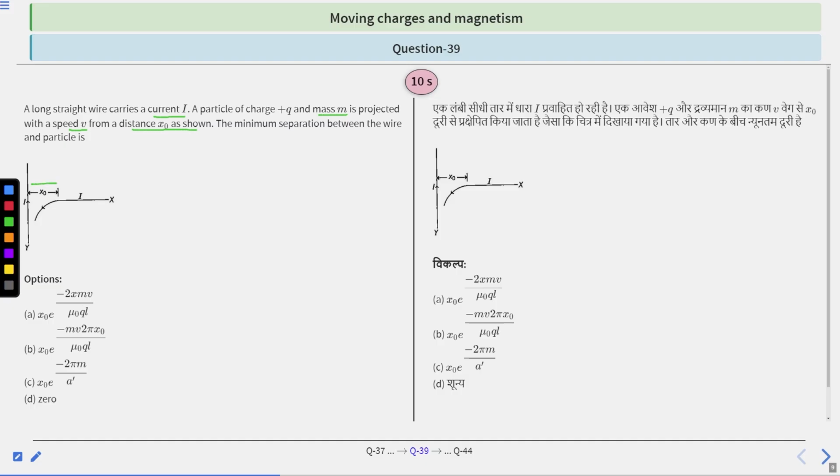This is the distance here. Clear? The minimum separation between the wire and the particle is what? So which option is correct? Option A, option B, option C, or option D? You have 10 seconds to solve this question. After 10 seconds, we will provide the solution.